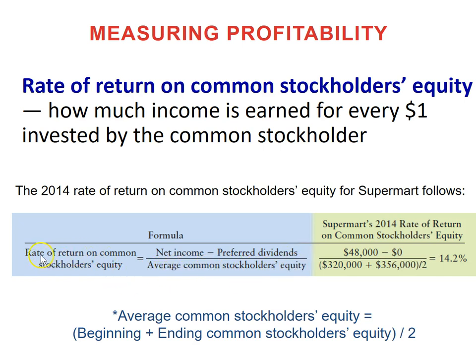Whenever you see any return, ROA, ROE, ROS, return means your net income, and then the return is based on what? Here for ROE, the return is measured based on the equity, so your bottom part will be the equity. Since we have one income statement item and one balance sheet item, for the balance sheet item we have to take the average. So now we are actually taking out the preferred dividend.